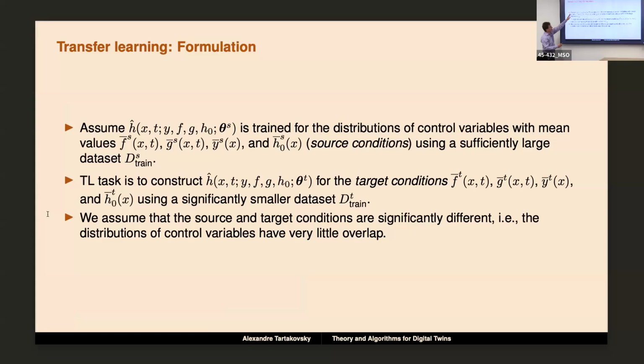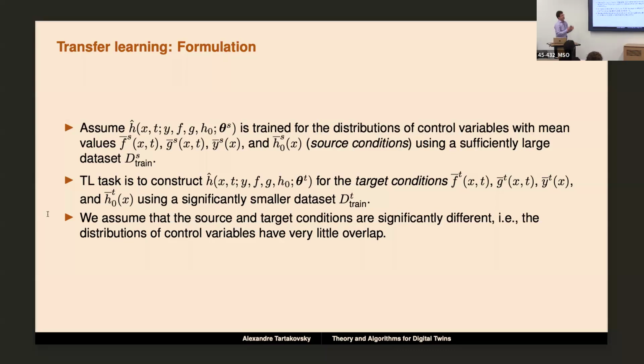We assume that this model is trained using a sufficiently large data set. And then the TL task would be to construct a model for the target conditions corresponding to different mean values of the control variables. And we want to do it using a significantly smaller data set.